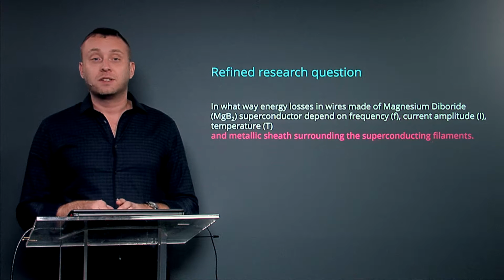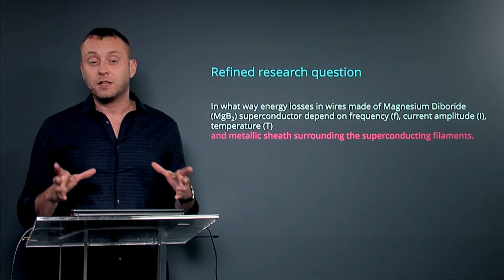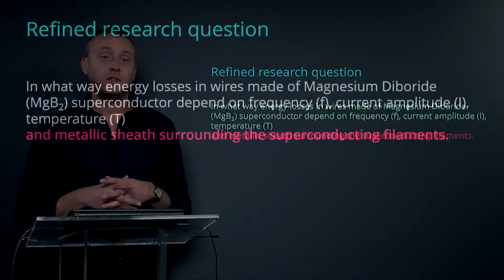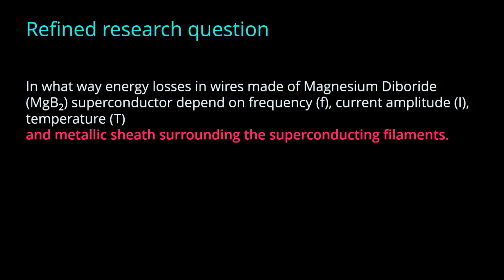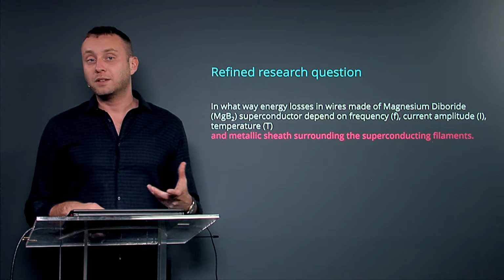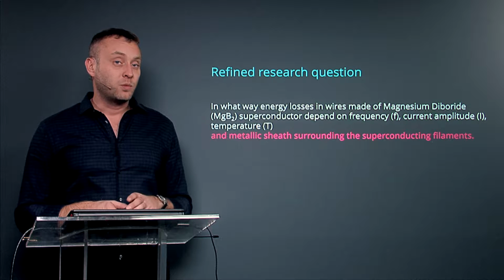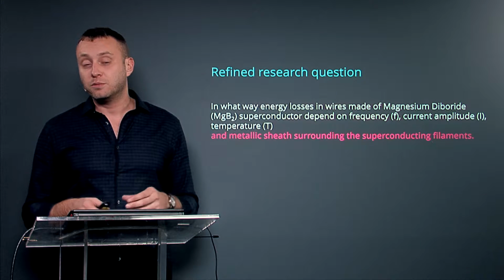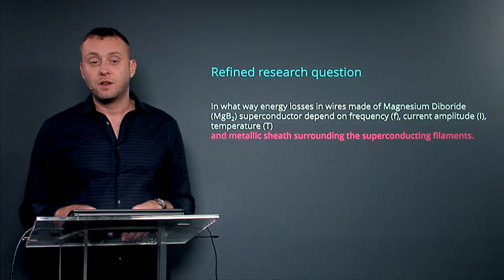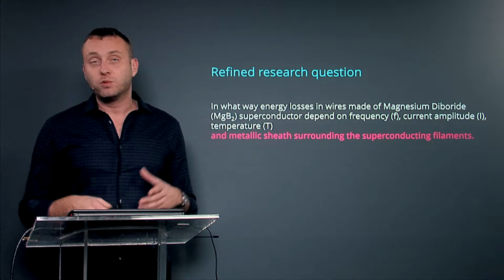We have discovered that the metallic material that surrounds the superconducting filaments might affect the energy loss in the wire, because we saw that for mono material there was a strong dependency on DC current, which we didn't see in the titanium sheath. So we have to redefine our research questions according to those new findings.